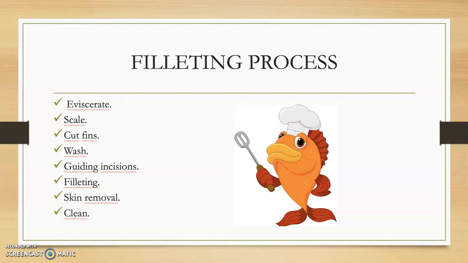There we have to fillet. If we want it without the skin, we have to remove the skin, and there we have to clean some parts so the fillet looks prettier.